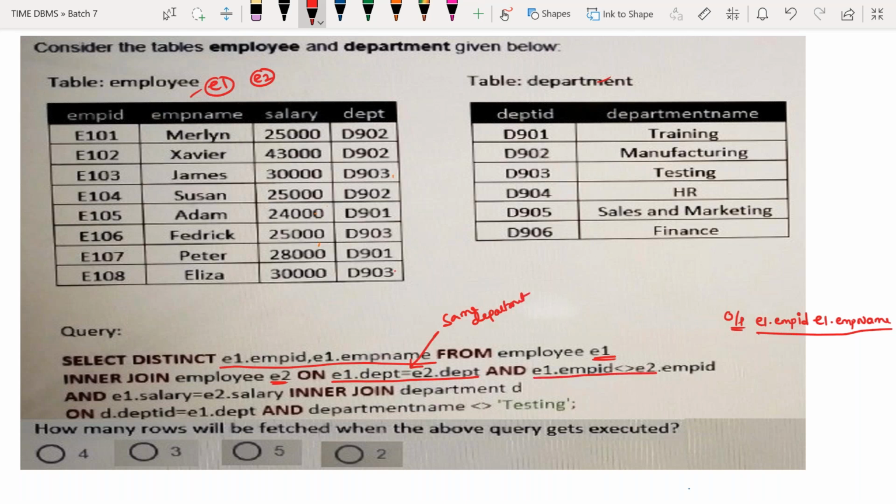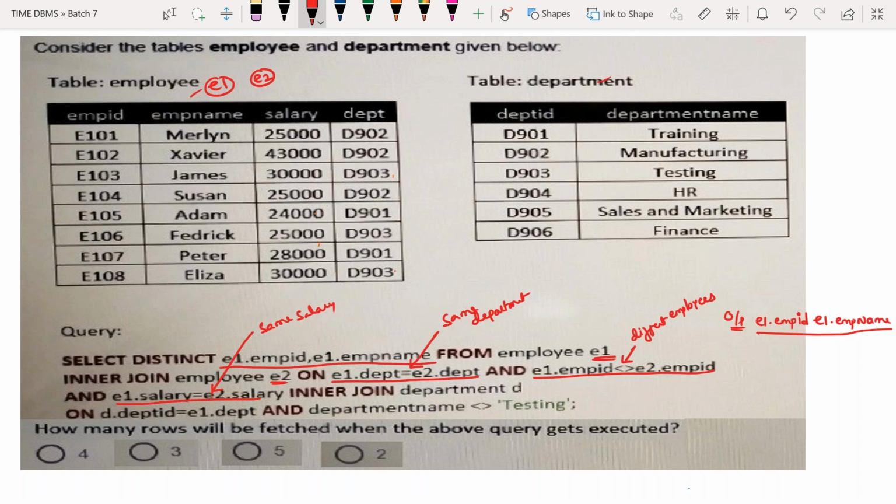And E1.EMP_ID not equal to E2.EMP_ID, which means the employee ID should not be compared with itself. It should be two different employees. And E1.salary equal to E2.salary. What is the meaning? The two employees should have the same salary.